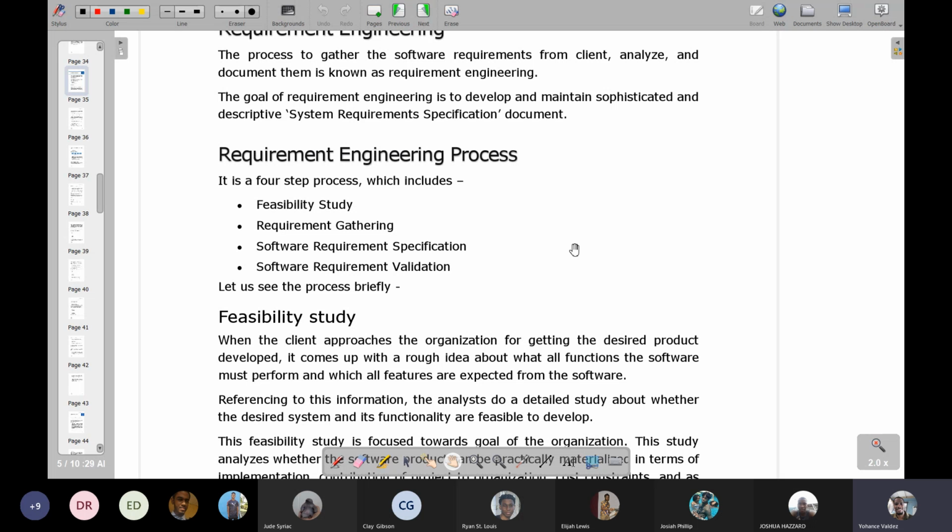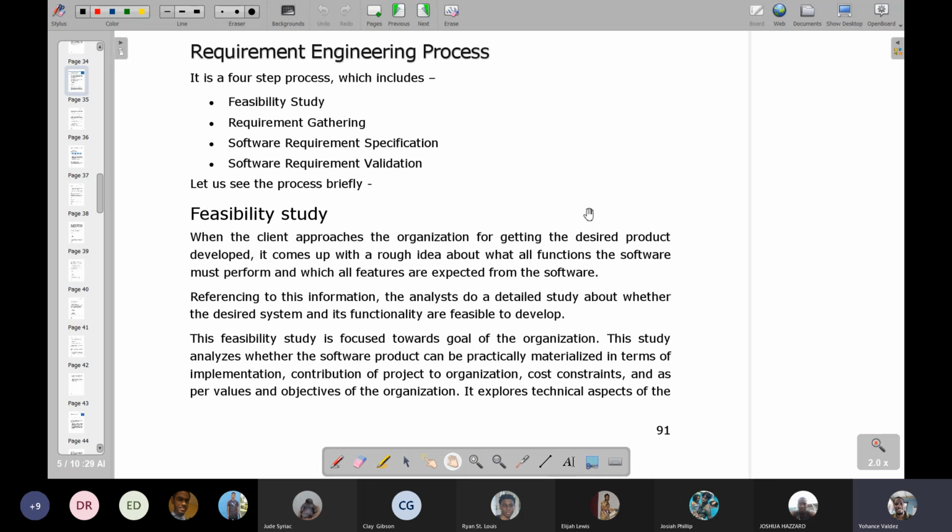Okay, so your feasibility study is essentially where you think about the product, and the goal of a feasibility study is whether or not it even makes sense pursuing a particular project. And again, a lot of what we do in computer science in general is what you do in your own life.